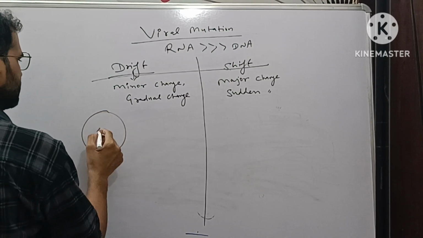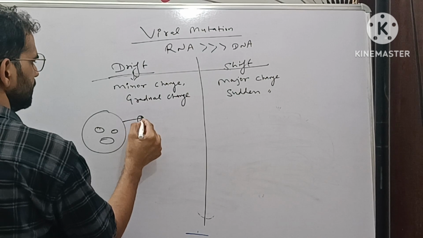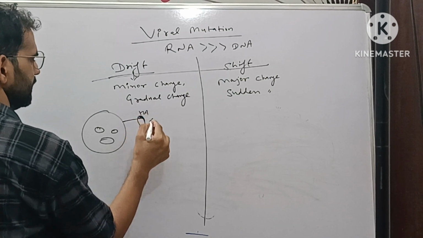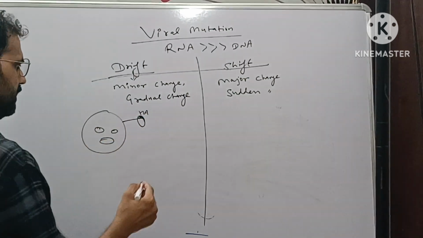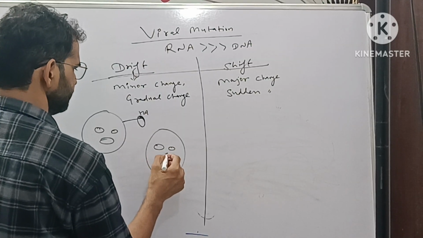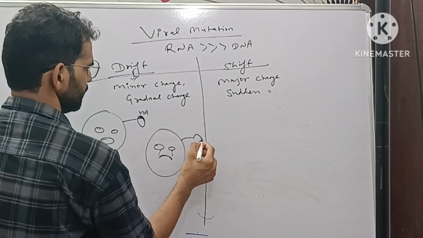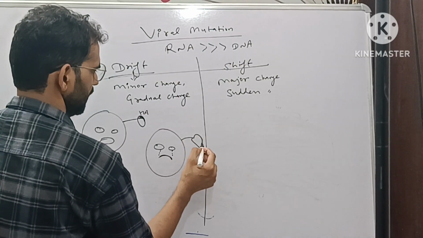So for example, this was the hemagglutinin. After the point mutation, this changes into a heart shape.